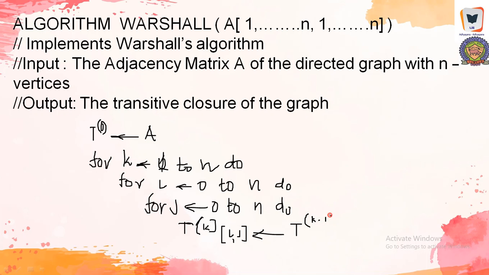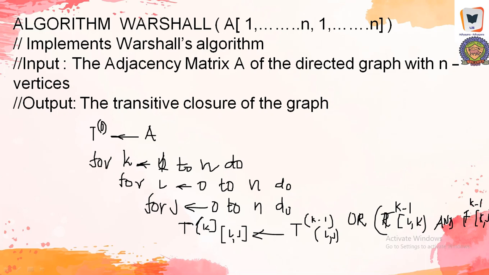It will be left as it is if it is already 1 in the previous entry, or if both T of k minus 1, i comma k, and T of k minus 1, k comma j, the kth row, jth column, are 1.